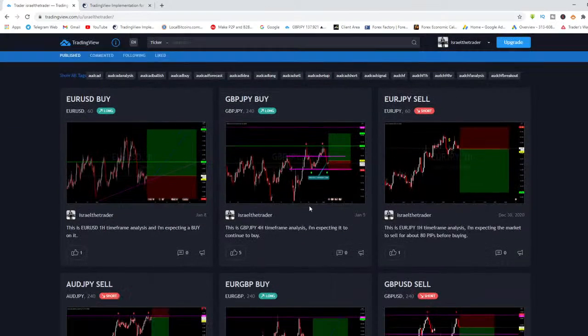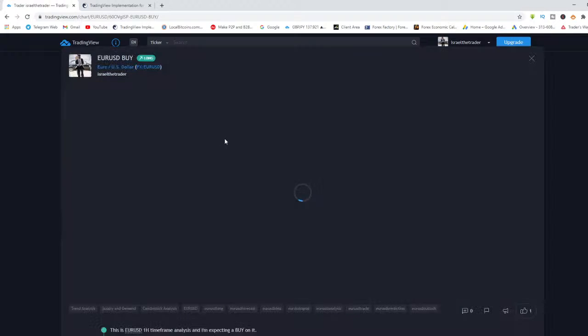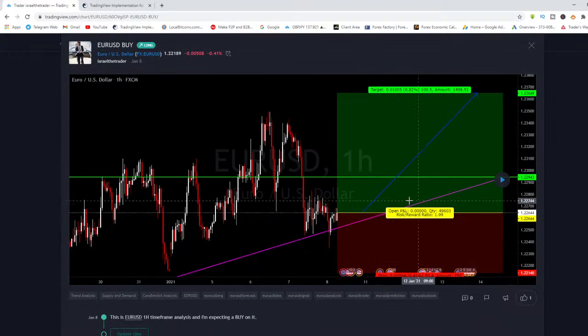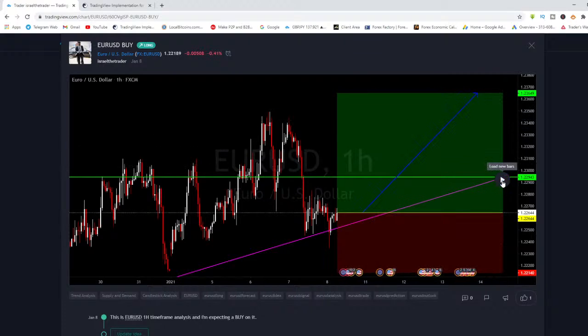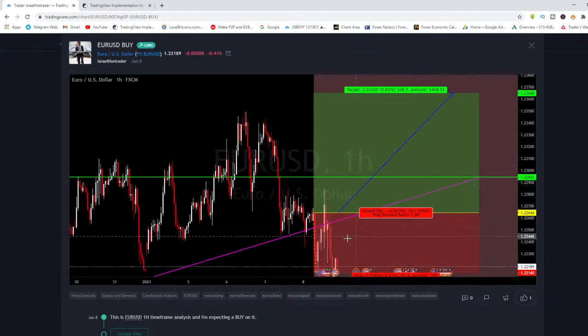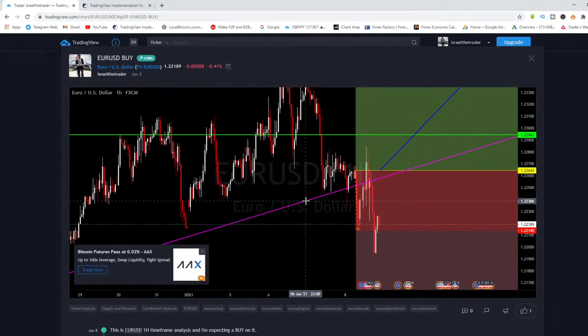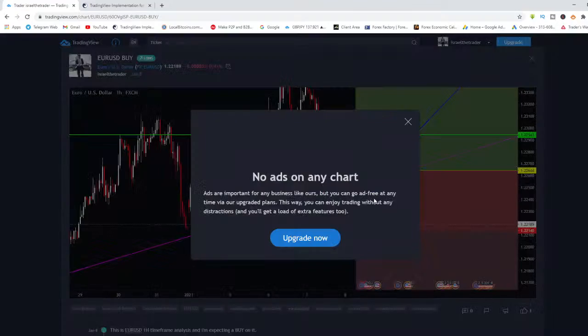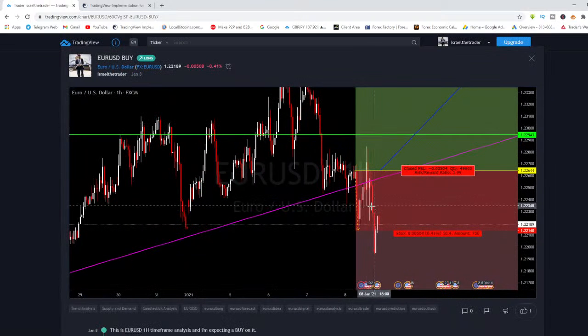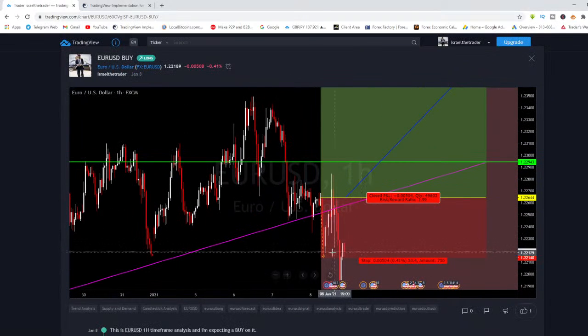And EURUSD, I think it hit our stop loss last week. I was expecting the market to continue to move to the upside. This was a fantastic setup, but the market makers just cut my neck, man. That's what happened. Right now it's still trying to push to the downside, but it's not going to go down anytime soon. We might see this market pushing back to the upside.